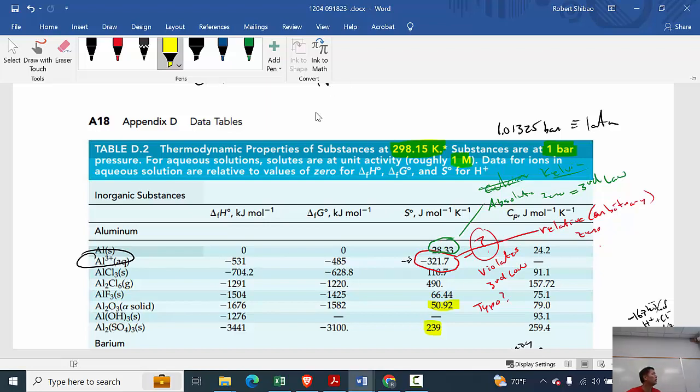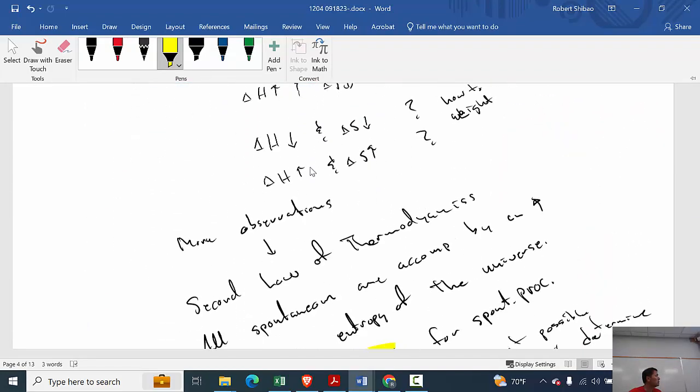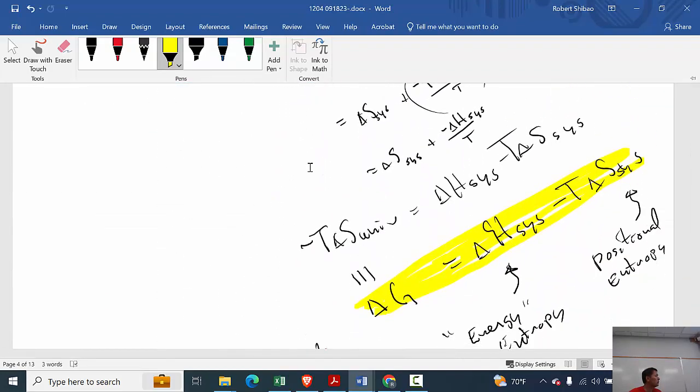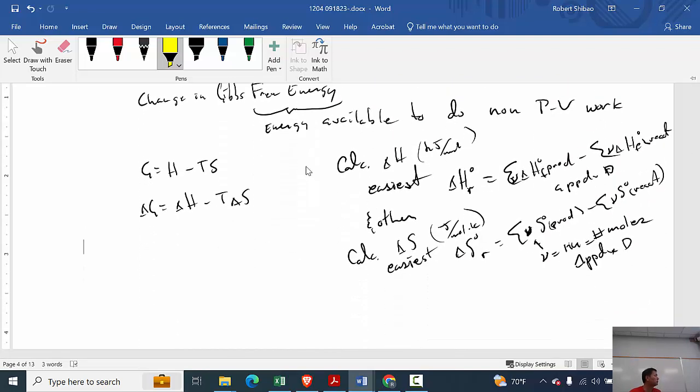So we're fine here, except this little symbol here. Let's go back. This little symbol here, does that indicate the temperature? No. And so we have to indicate the temperature.